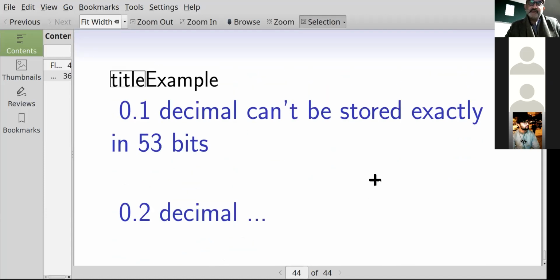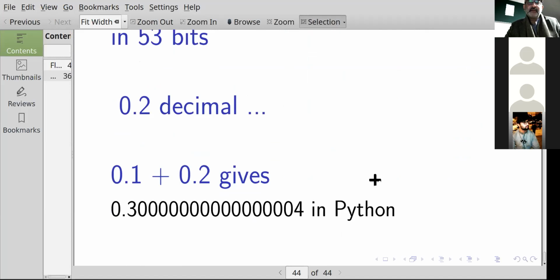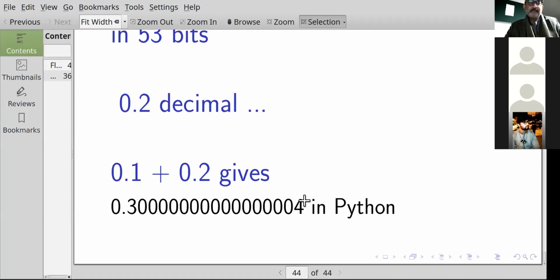Now, 0.2 in base 10 also can't be represented exactly in 53 bits. So if we add them together, you're going to have this little bit of error showing up.